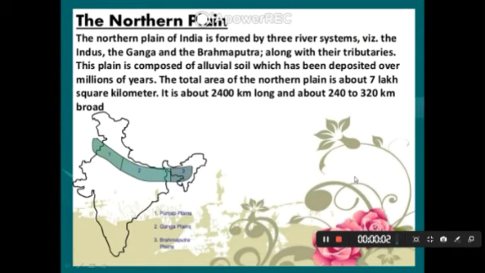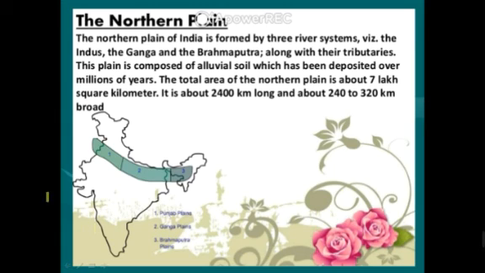And the next one is the northern plain. It is the second geographical and physical division. The northern plain was formed by the rivers, and it is located below the northern mountains. So this is an important physical structure, the northern plains.